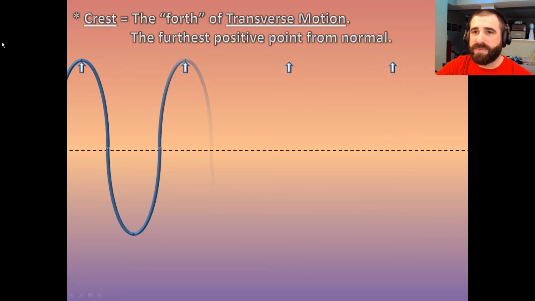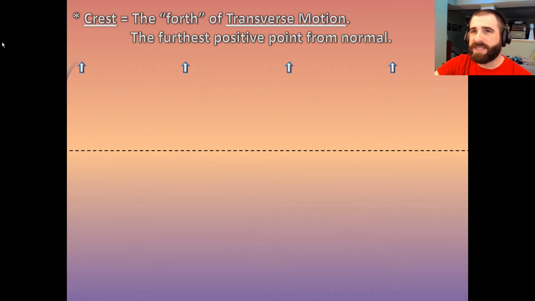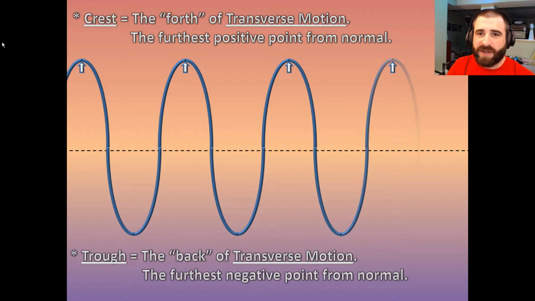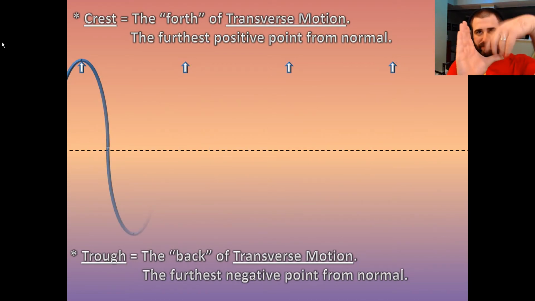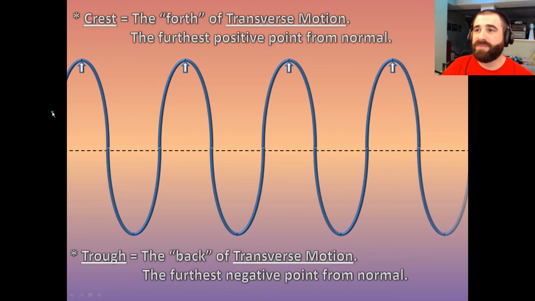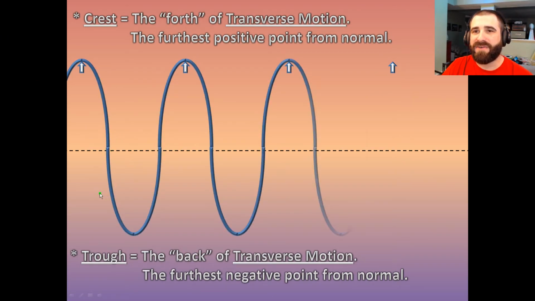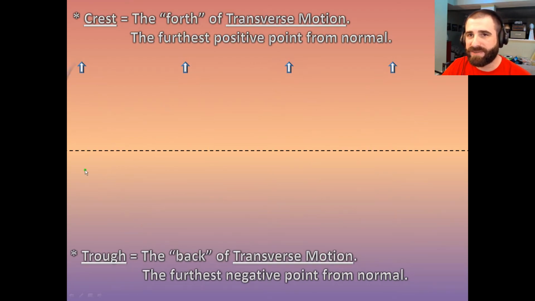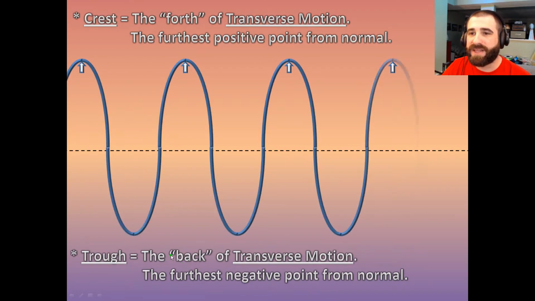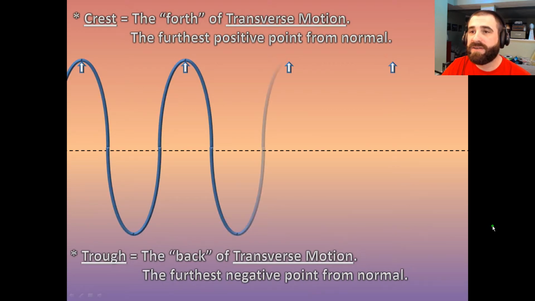Where the bottoms would be those valleys, or as they like to call them, troughs. Like a pig trough on a farm, a little thing they put the food in. I don't know, valley would have been fine, whatever, a rose by any other name, as you hear me say a lot. They're the most negative part from normal.